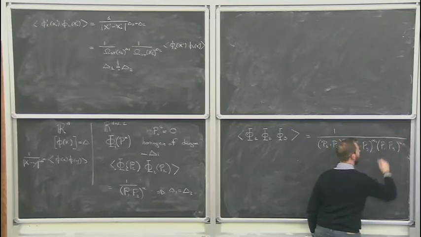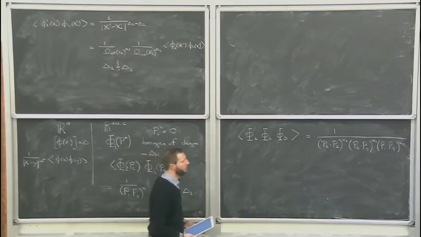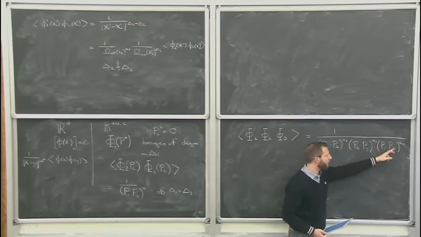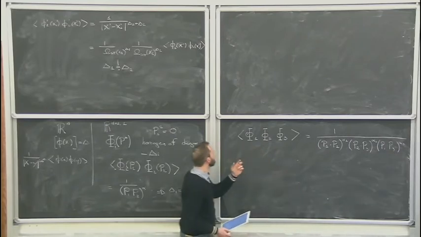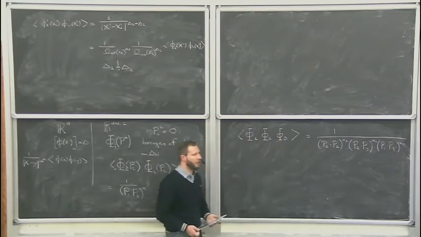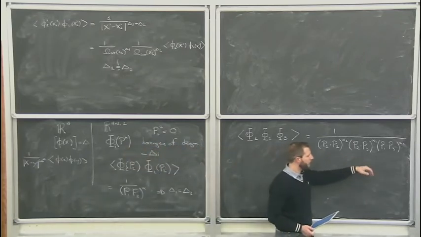And if you match carefully these exponents with the homogeneity properties, you will discover again that alpha 1, alpha 2, alpha 3 are related to the dimensions of the three scalars in the way that we showed before. So I invite you to do this exercise.